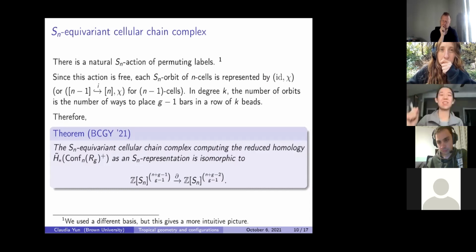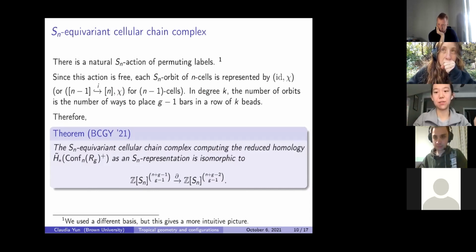Does that make sense? Sorry, I feel like I lost it a little bit, but the idea is that if you have an arrangement of n-1 numbers and you let an Sn permutation act on your n-1 subset of n bracket, then that action is still free. So that's the whole point.